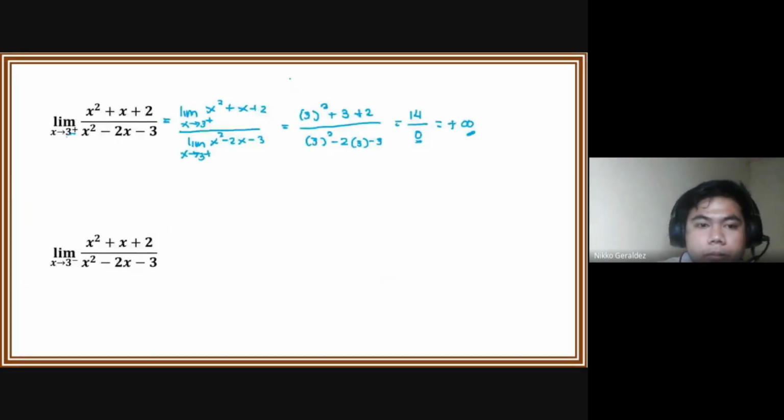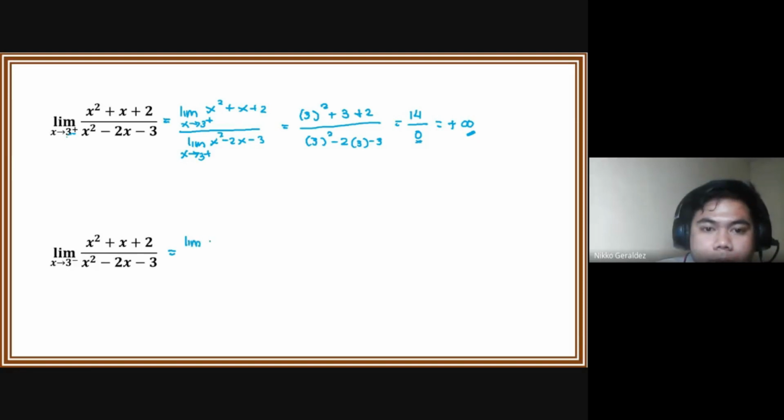Now, the limit of x squared plus x plus 2 over x squared minus 2x minus 3 as x approaches 3 from the left. Same again: take the limit of the numerator and denominator.